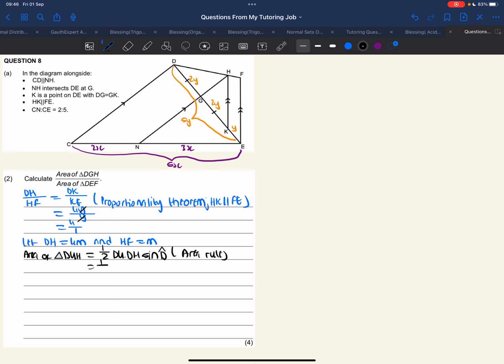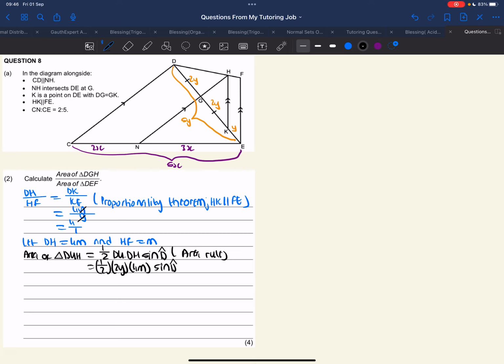Then basically that will be a half, DG, I said that is going to be 4y. No, sorry, not 4y. DG is going to be 2y, and then DH is going to be 4m.